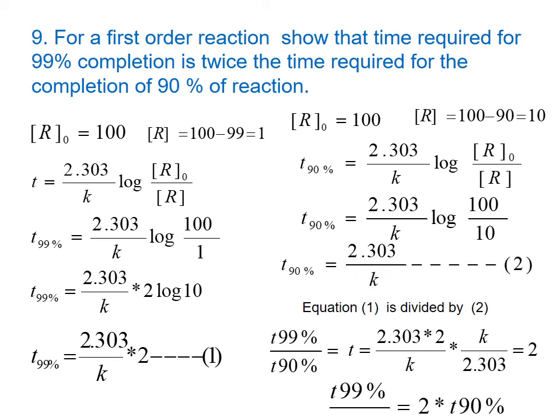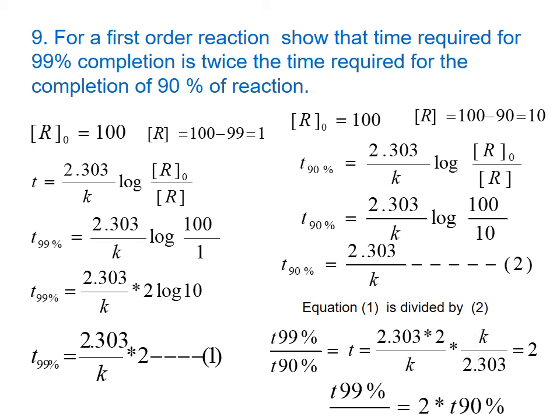Now look at equation 1 and equation 2. Equation 1 is divided by equation 2, that is T 99% divided by T 90%. Then 2.303 into 2 divided by k, divided by 2.303 divided by k. It becomes 2.303 into 2 divided by k into k by 2.303. 2.303 will be cancelled, k will cancel.